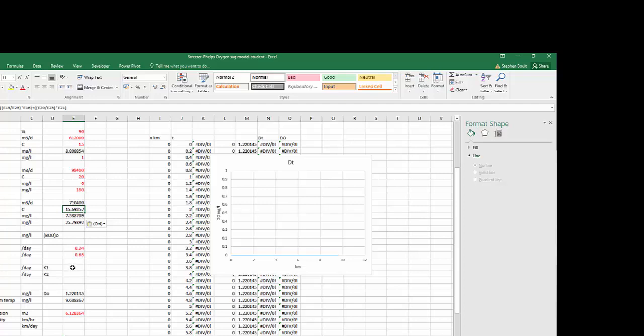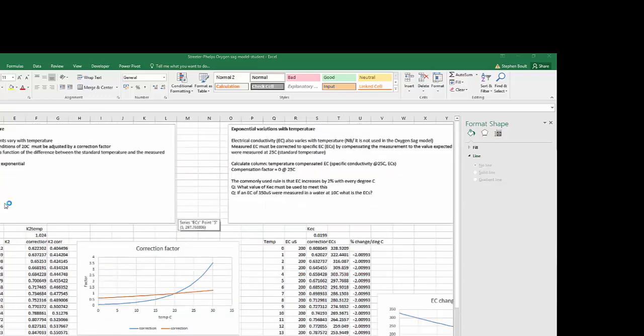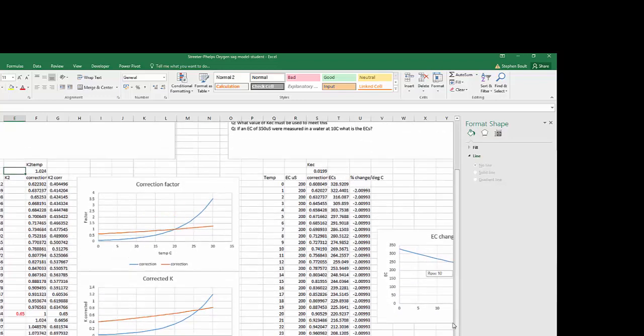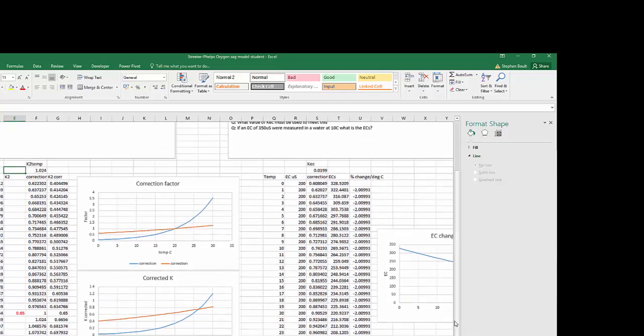And to do that, there's a correction which is dealt with on this tab. The variation in K-factor with temperature fits an exponential relationship. That means that the rate at which the correction factor changes is greatest when the difference between the measured temperature and the standard temperature is greatest.